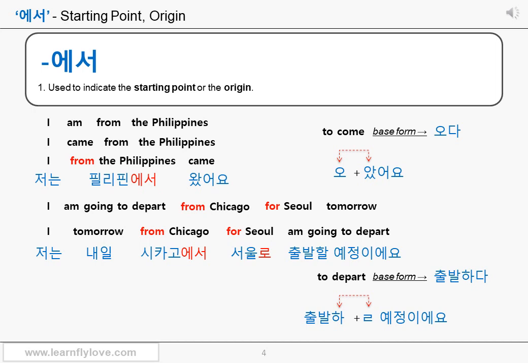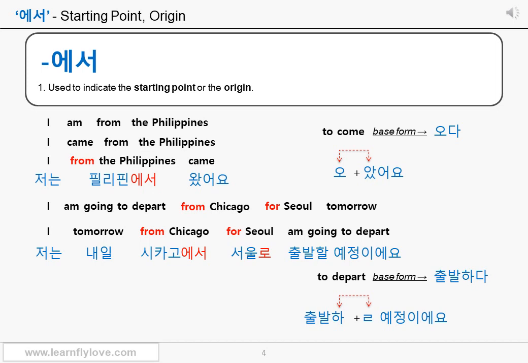The last letter 하 doesn't have a final consonant, so you add the ending ㄹ to the 하 sound, and 예정이에요. 출발할 예정이에요. 저는 tomorrow, 내일, from Chicago, 시카고에서, for Seoul, 서울로, am going to depart. 출발할 예정이에요. 저는 내일 시카고에서 서울로 출발할 예정이에요.